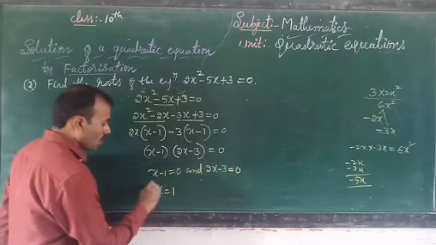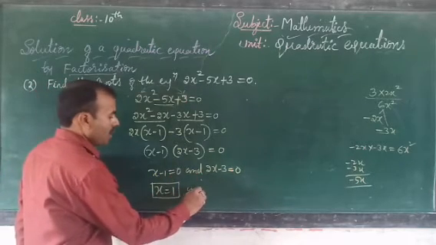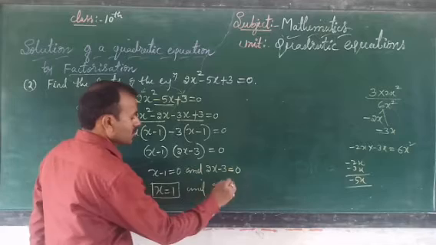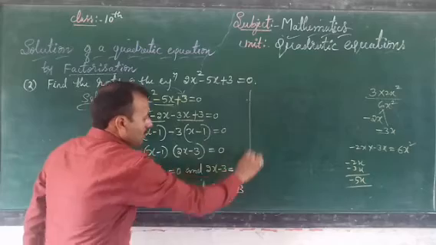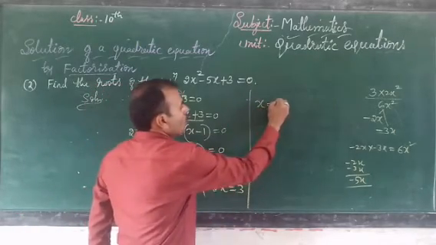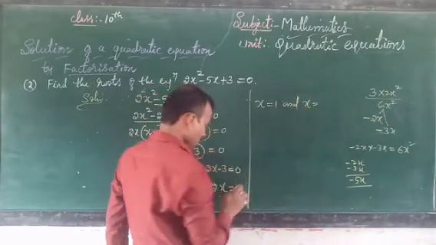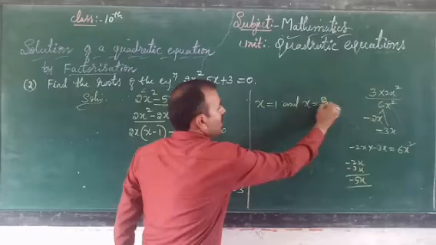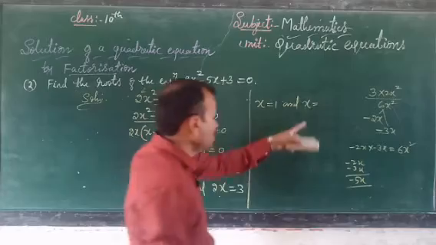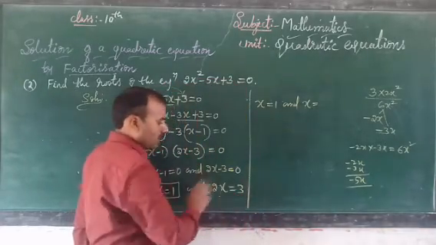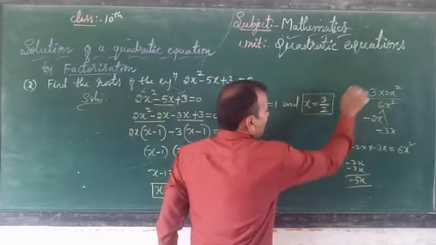Here x is equal to 1, just transpose minus 1 to RHS, and here 2x equals minus 3 becomes plus 3. In the next step x is equal to 1 and here x is equal to 3 by 2, transposing 2 to RHS gives 3 by 2.